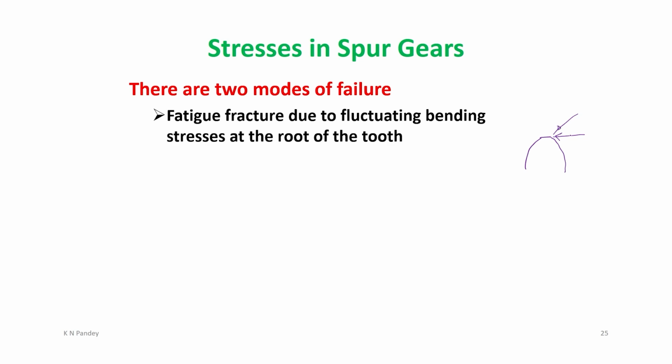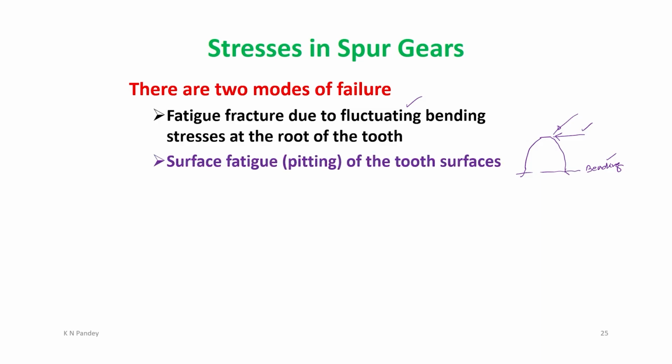So, this tangential force will bend the gear tooth, and so at the root bending stresses will act, and these bending stresses are fluctuating in nature, because when the gear tooth comes in contact, the bending stresses will develop, and when it disengages, then it will become 0. So, fluctuating bending stresses act on the gear tooth.